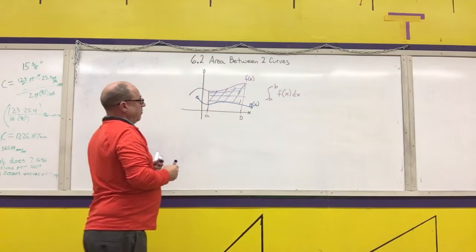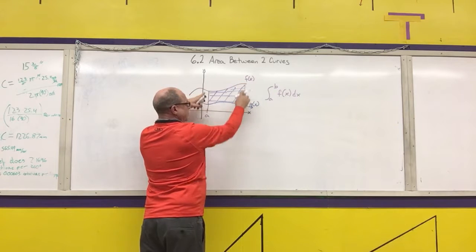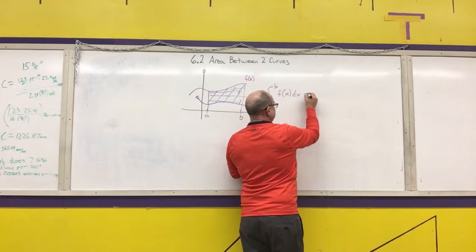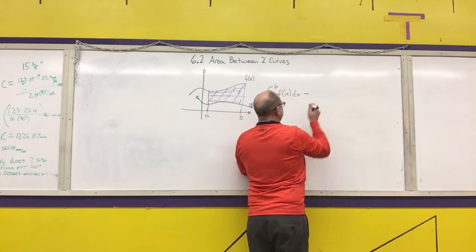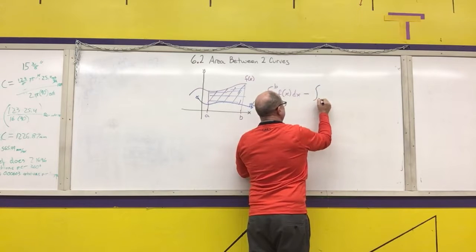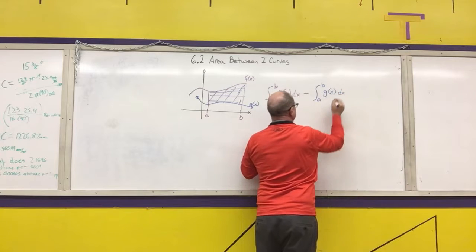So one way you can think about it, I can take the purple area, f of x, and then subtract the area of g of x. So that would be minus the integral from a to b of g of x dx.